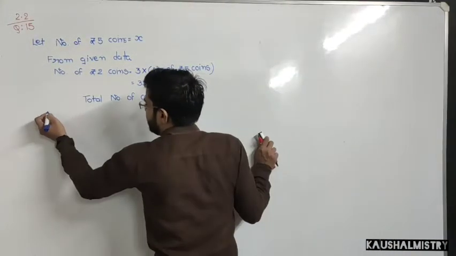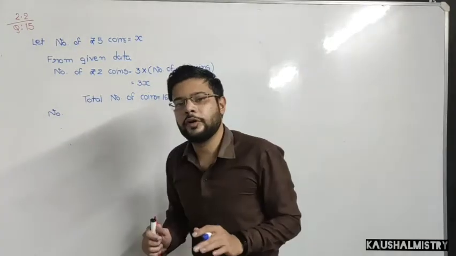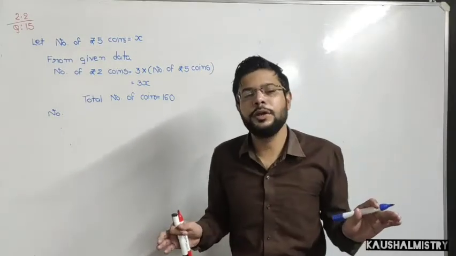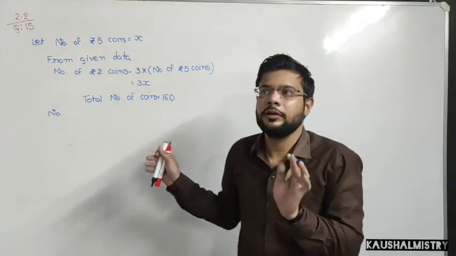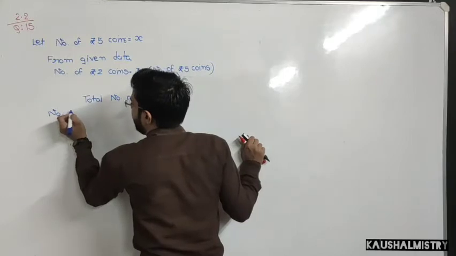That means number of 2 rupee coin plus number of 1 rupee coin plus number of 5 rupee coin, that is equal to 160.